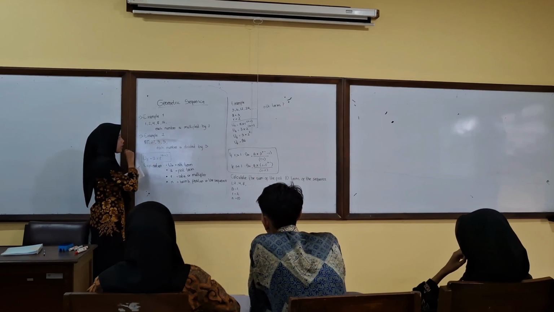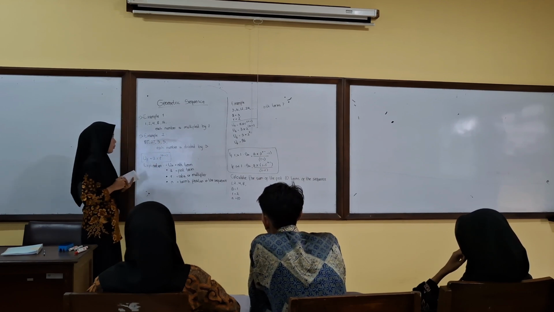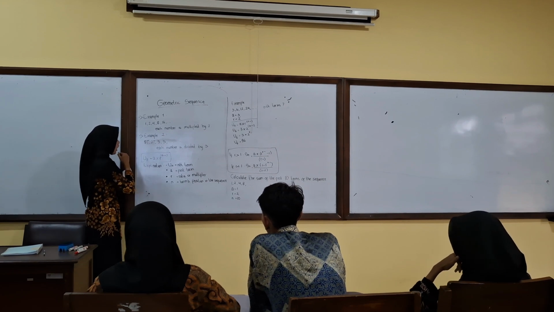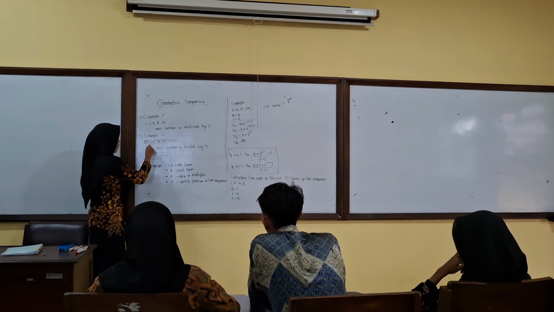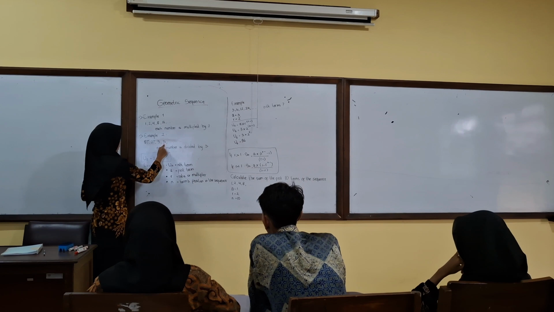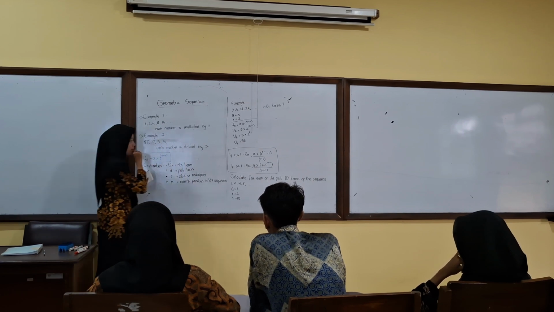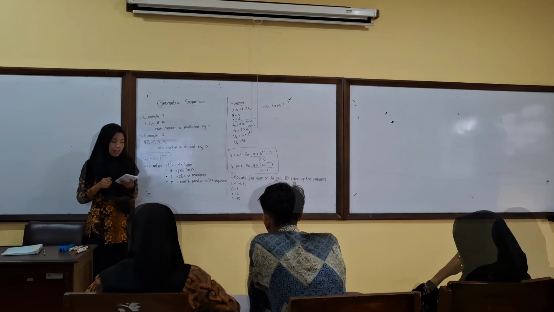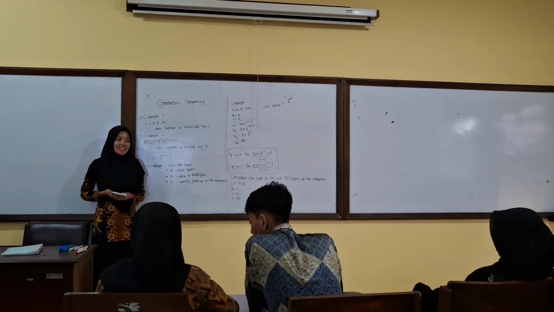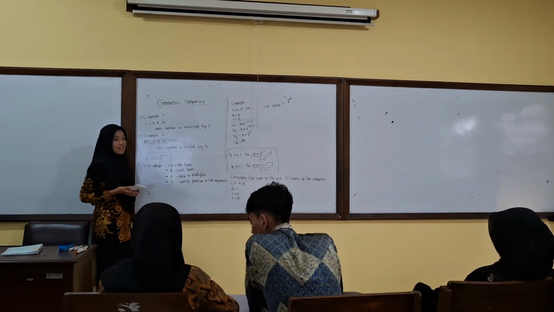Here, each number is multiplied by 2. Example 2: 81, 27, 9, 3. Here, each number is divided by 3. Can you provide another example of a geometric sequence?